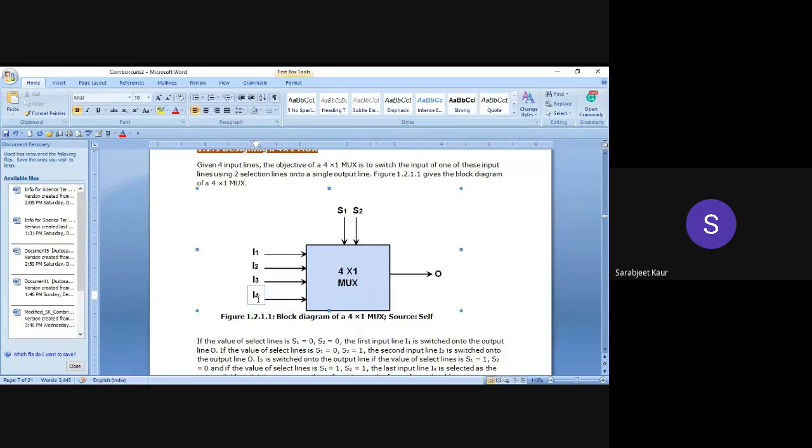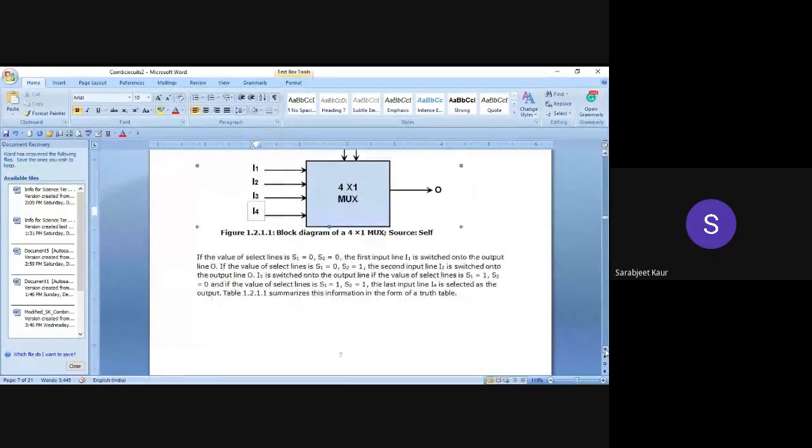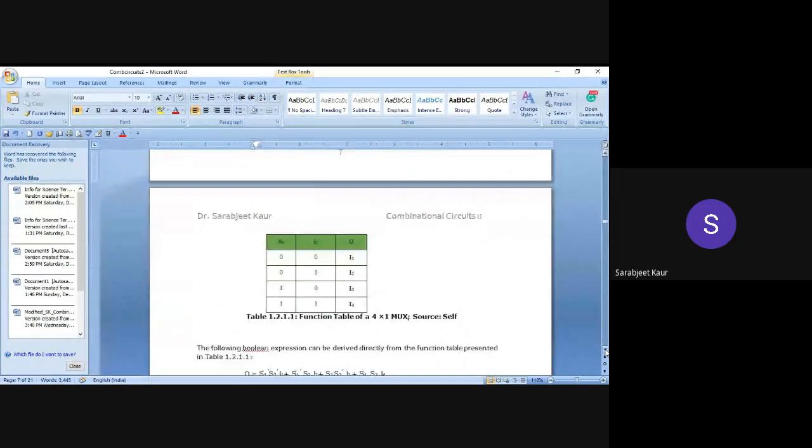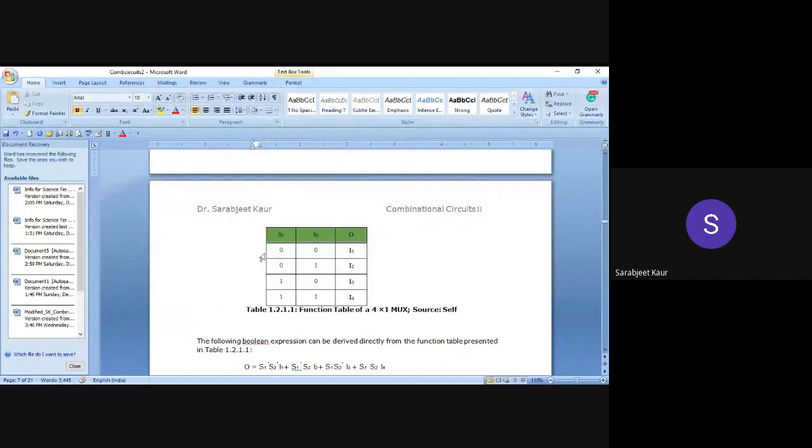Isn't it better? Or let me put it this way, please look at this table and then you can decide for yourself and let me know. If instead of the input variables, I put the selection lines here and plot their values here and put the corresponding input variable as the output, isn't it more reflective of how this multiplexer is working?